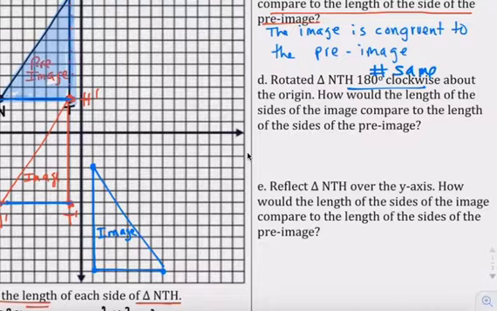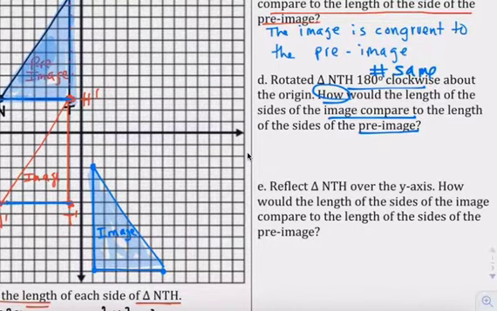About the origin. How would the length of the sides of the image compare to the pre-image? So how does this one compare to the pre-image? They are congruent.